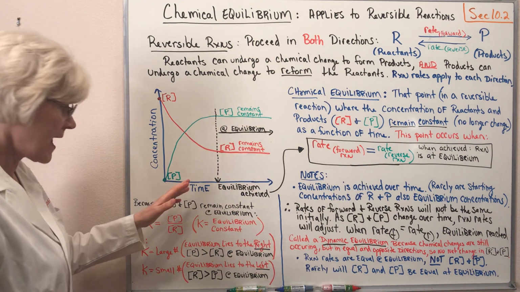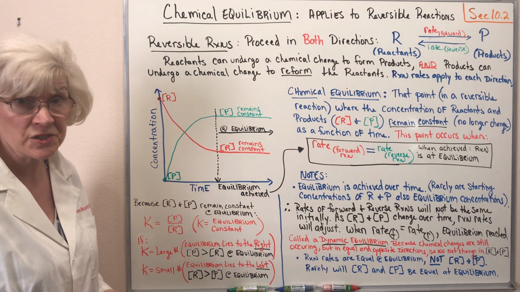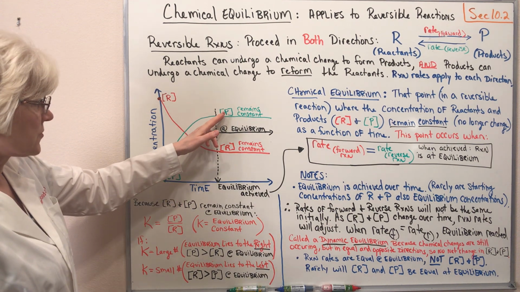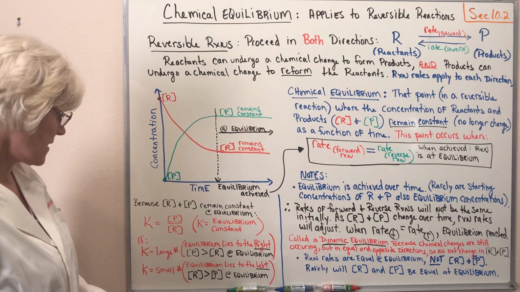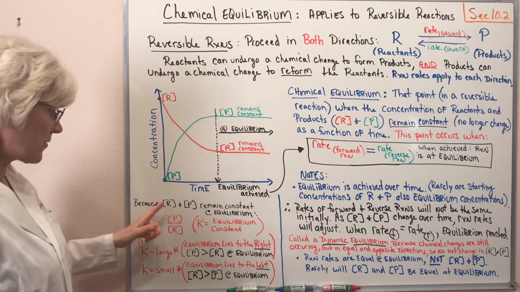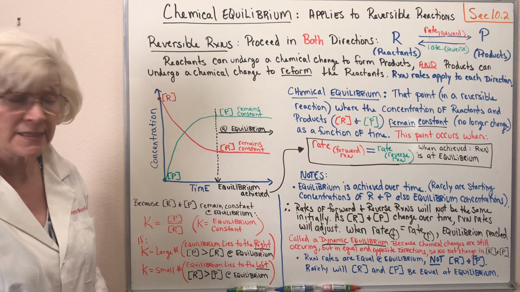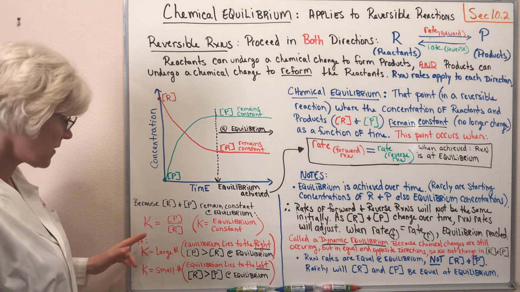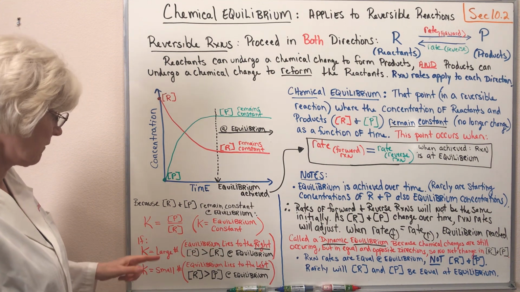In order to get a better idea of that, I should mention here in this introduction to equilibrium that because the concentration of reactant and product remain the same at equilibrium, you can calculate what is known as an equilibrium constant, symbolized with a capital K, referring to constant, so not changing in value.